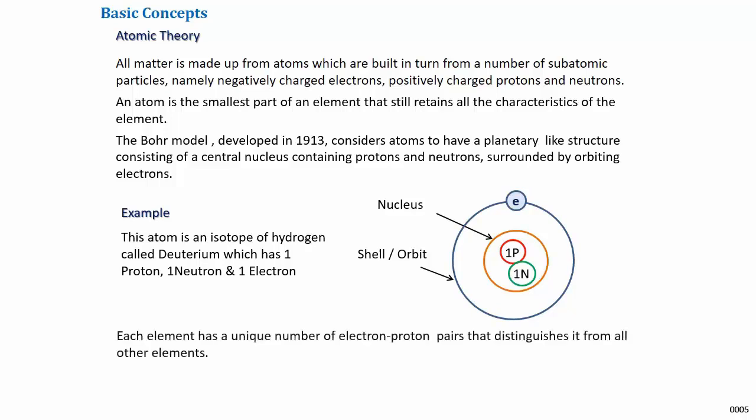To be charge neutral, an element must have the same number of electrons as protons. Each element has a unique number of electron-proton pairs that distinguishes it from all other elements. However, one element can have different numbers of neutrons, which are called isotopes.